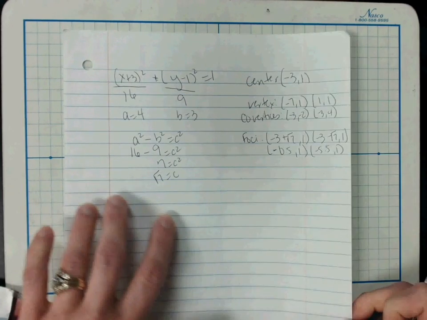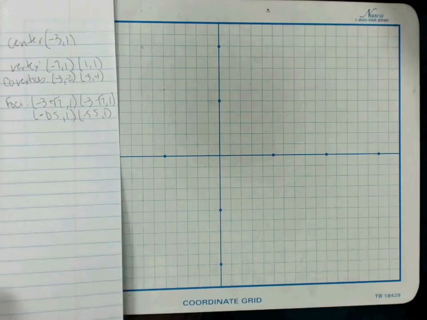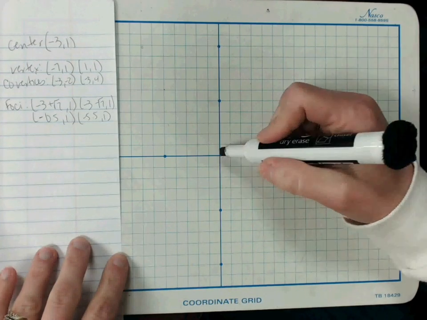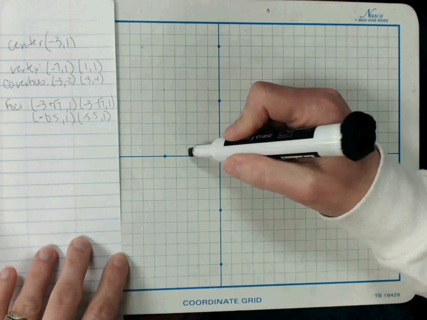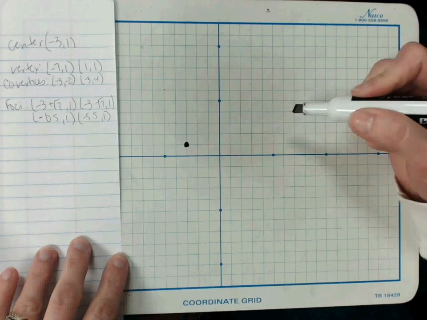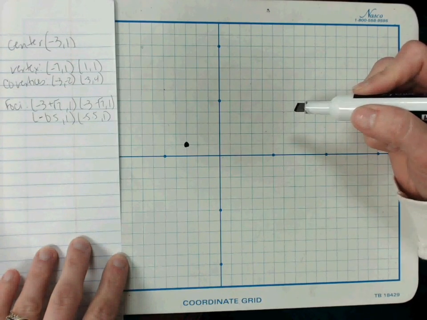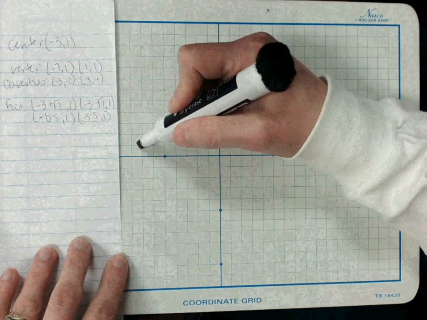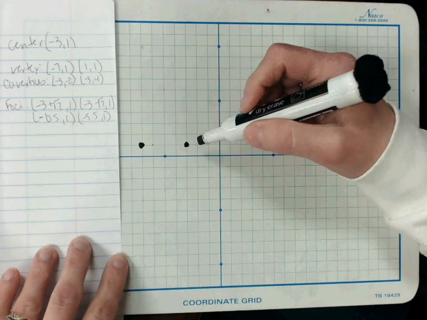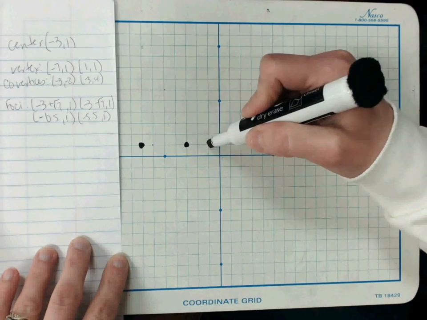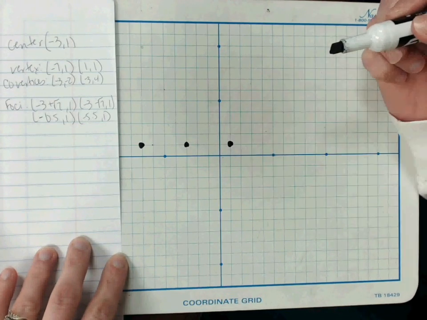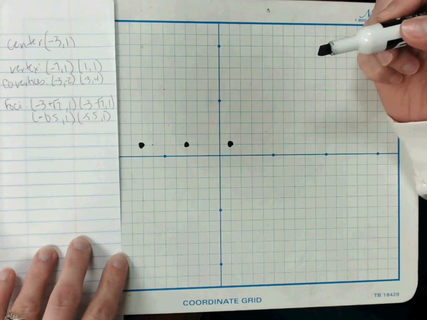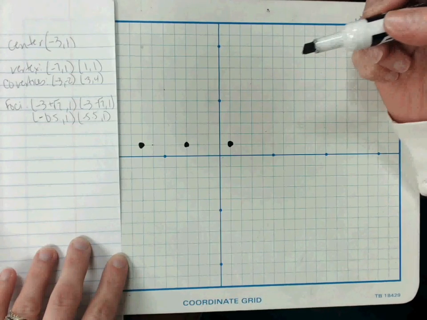So let's graph all these points. We said my center is at negative 3, 1. My vertices are at negative 7. So we can kind of check ourselves. We can move 1, 2, 3, 4. That's at negative 7. And then move 4 this direction. 1, 2, 3, 4. And then our co-vertices, I'm moving 3.